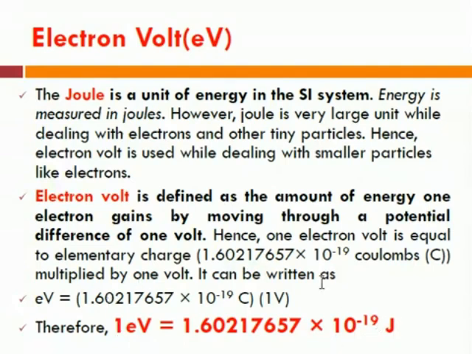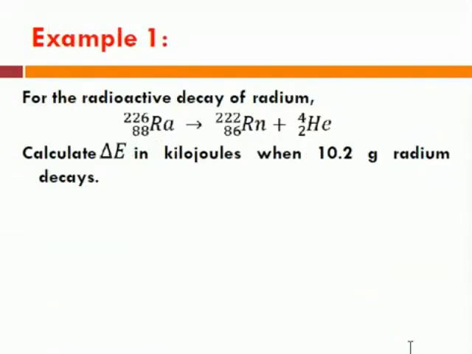So we're going to use this conversion later in example number 3 for mass energy relation. Okay, so let's proceed with example number 1. For the radioactive decay of radium, we have radium-226 here.